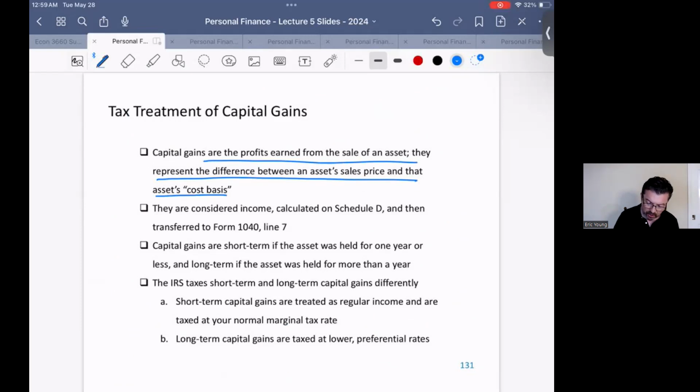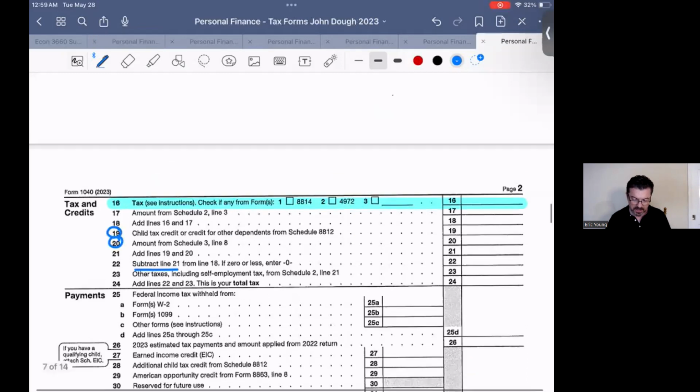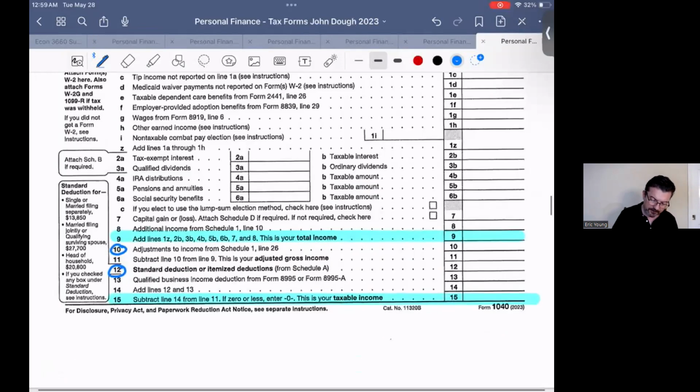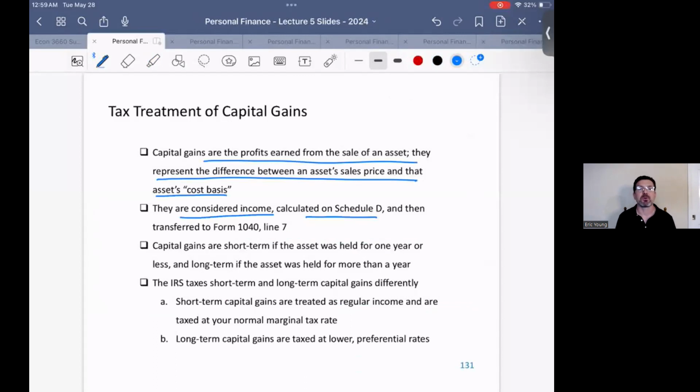And capital gains critically are considered income. Capital gains are calculated on Schedule D. And look, let's go back here. Line 7, capital gains, attach Schedule D. You put the capital gain amount right there, and that's going to add to your income, okay? So it's important to see that capital gains are considered income.